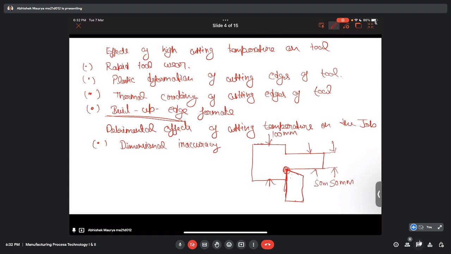But when our tool moves ahead and our material cools down, what will happen? Contraction will take place. So we are aiming for 50 mm, but because of the contraction we will get, let's say, 49 mm.